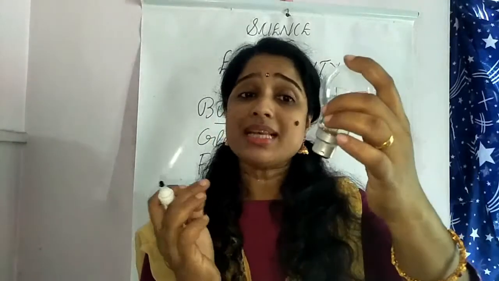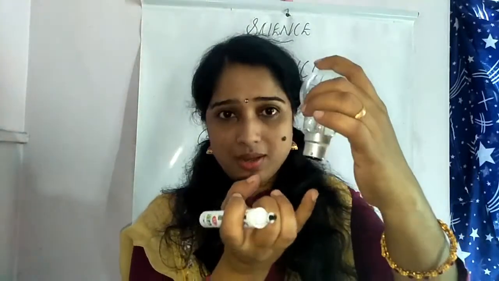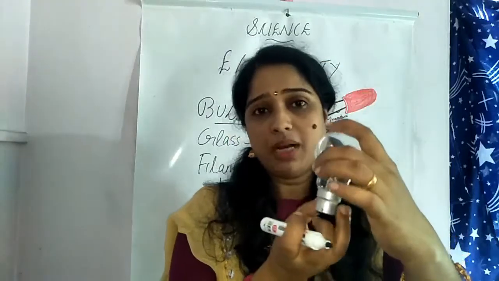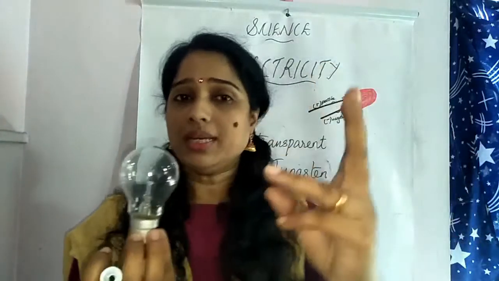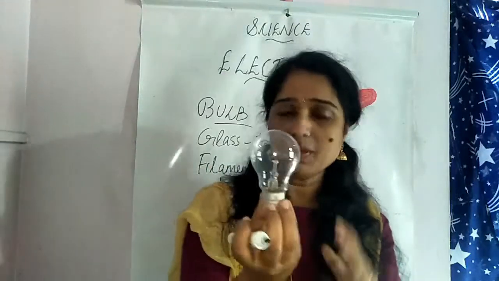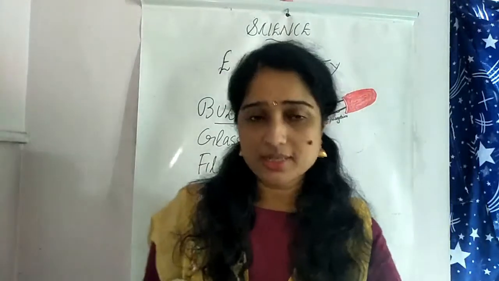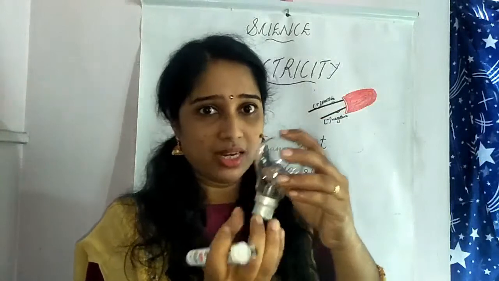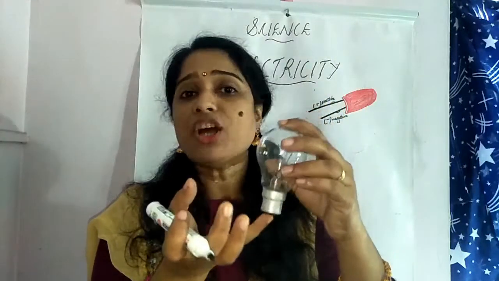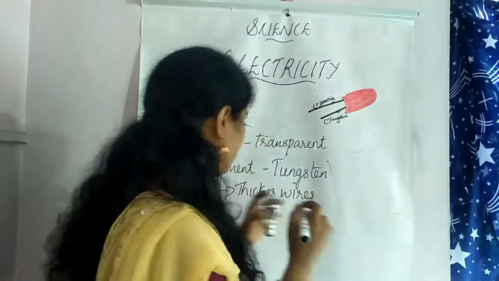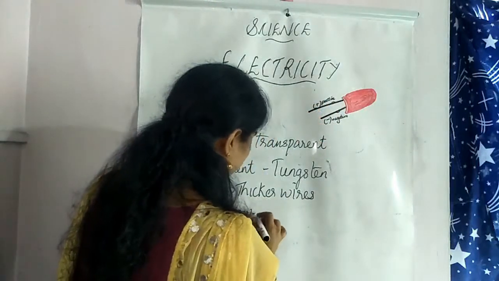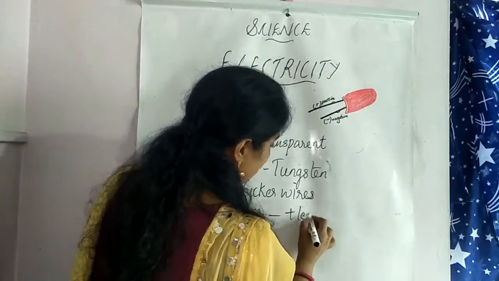One wire is attached to the lower side of the bulb, and that is the positive terminal.